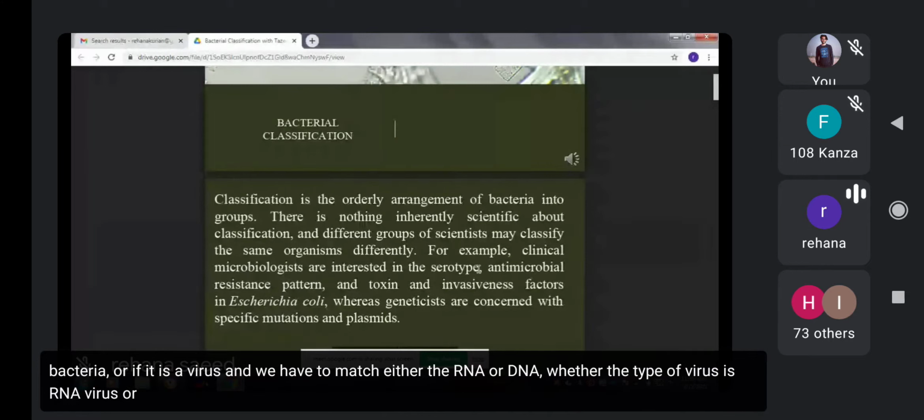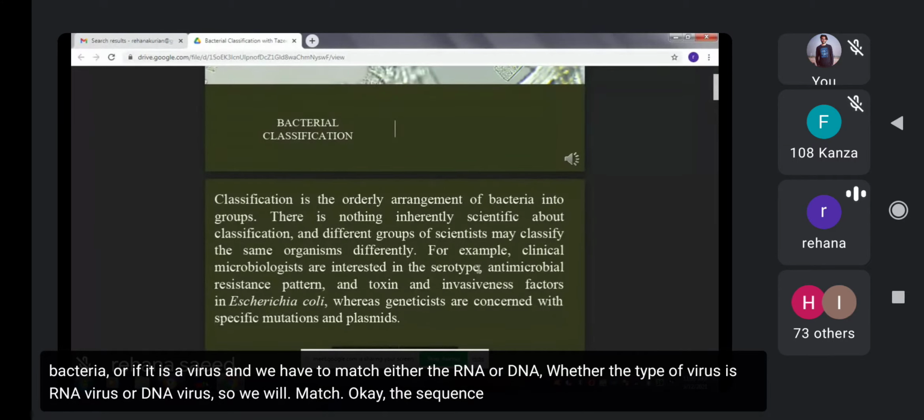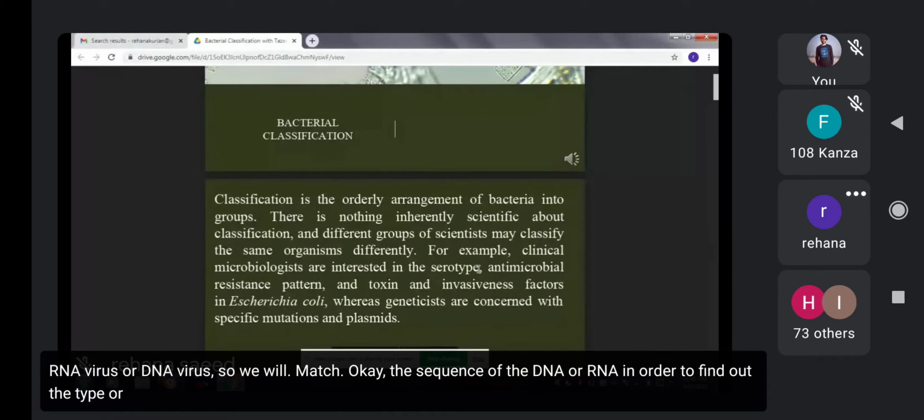So we will match the sequence of the DNA or RNA in order to find out the type or species of that newly discovered microorganism. Then later on it is named.